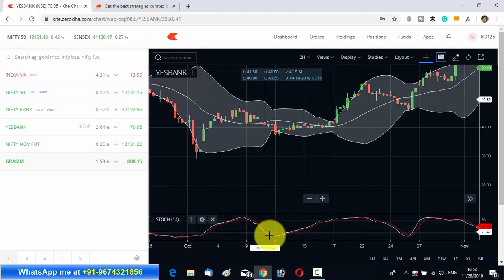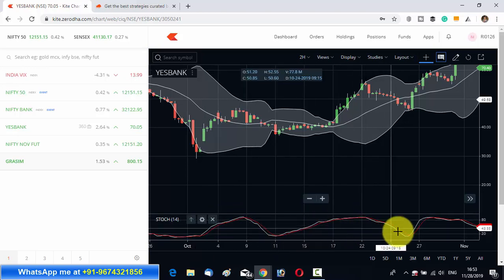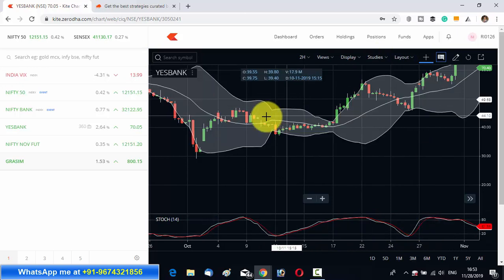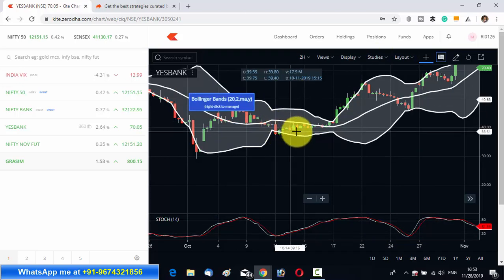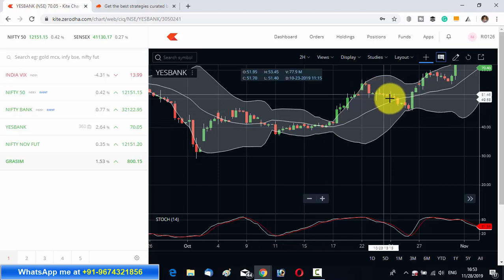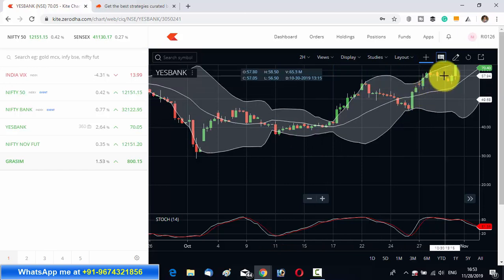Up, down, up, down, up, and so on. Here also down, up, and so on. So you can understand how to use the stochastics and Bollinger Band. You can always get an idea of where the market is going or where the market will go from the stochastics Bollinger Band combo.